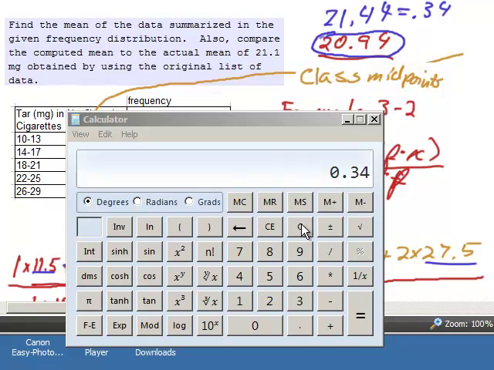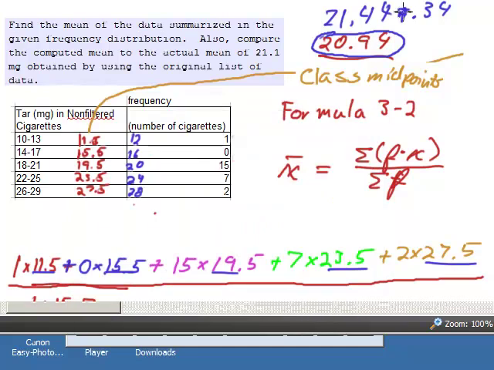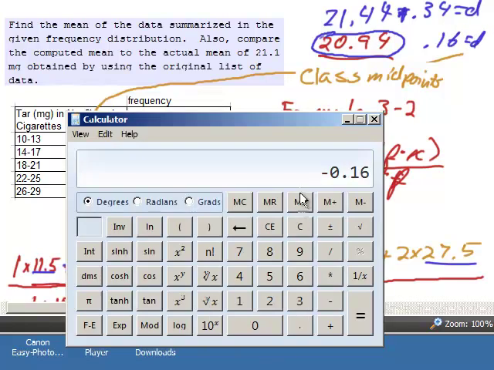If I take 20.94 minus 21.1, I get 0.16 difference. So yeah, the difference.